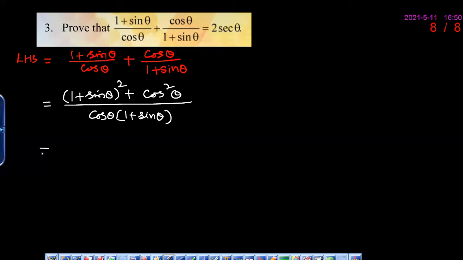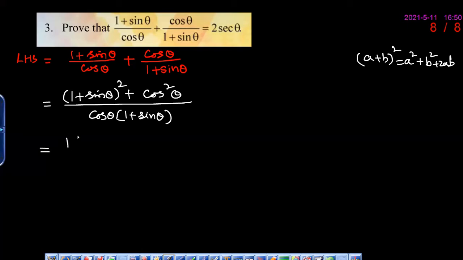Now children, further expanding (1 + sin θ) whole square. You know the formula (a + b) whole square is equal to a square plus b square plus 2ab. Here a is 1 and b is sin θ.